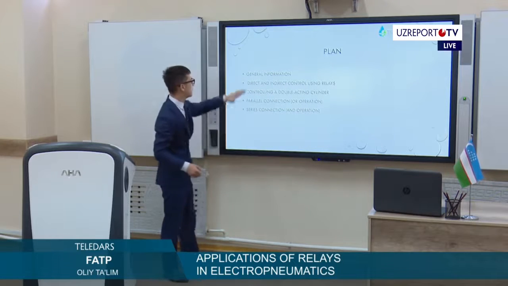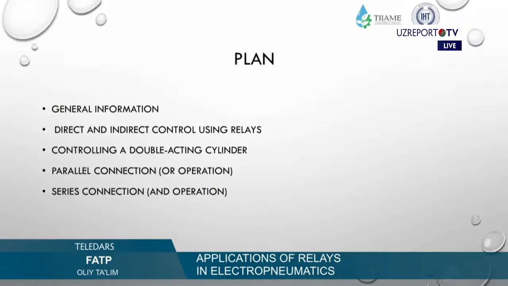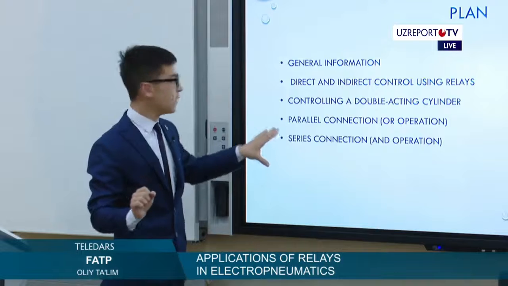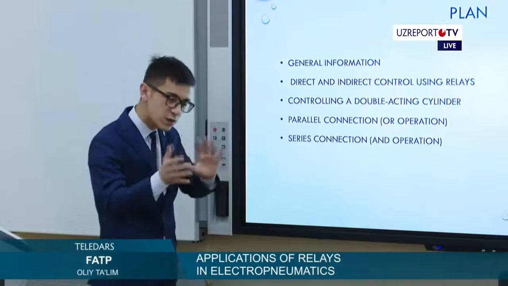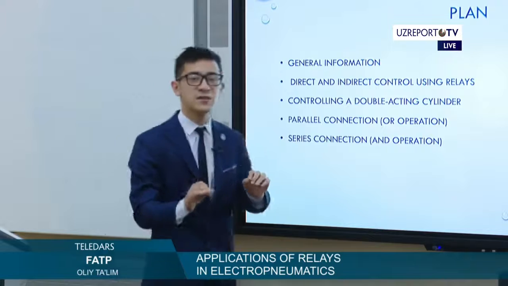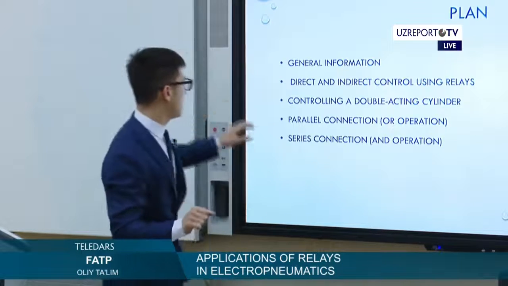Today we'll talk about the general information. What is that? The electropneumatic sets and the relays. How you can use them and how we can make systems in general. We'll talk about a little bit of theory. And then 4 types of connection. These relays use push buttons and relay combinations to make actions in electropneumatic units.